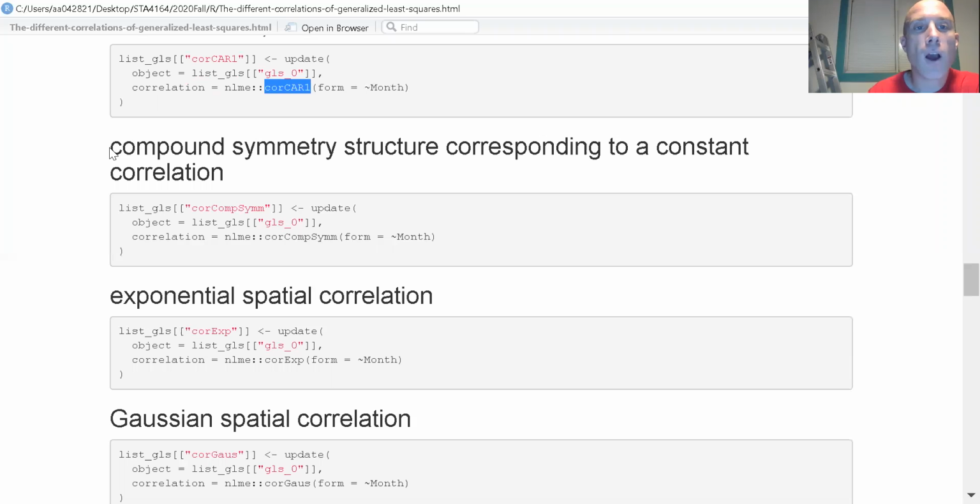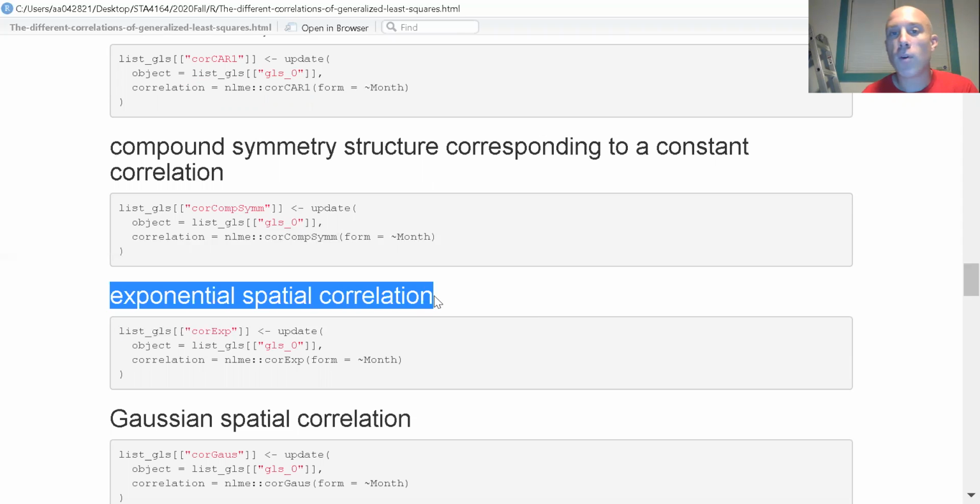Then I want to look at compound symmetry structure corresponding to a constant correlation. So I'm using correlation corCompSymm. Now, the next one is exponential spatial correlation.